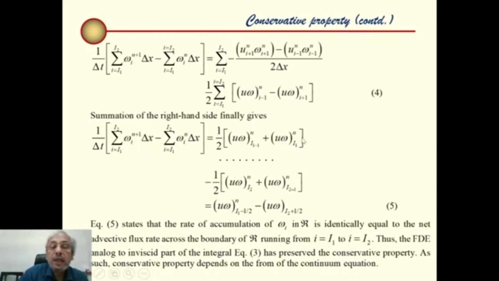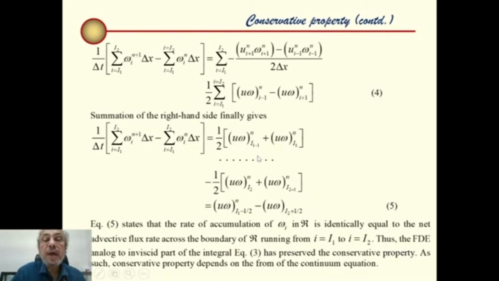So then you will see that we'll be able to write u omega I1 minus half minus u omega I2 plus half.